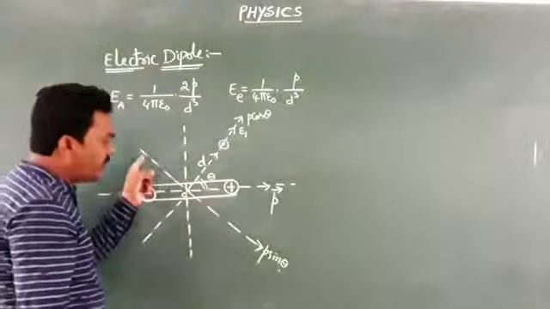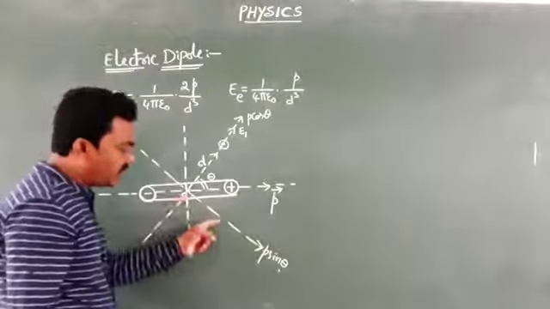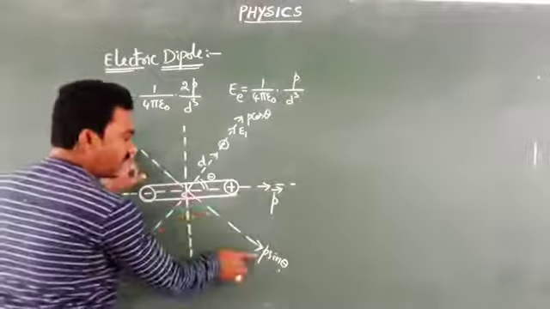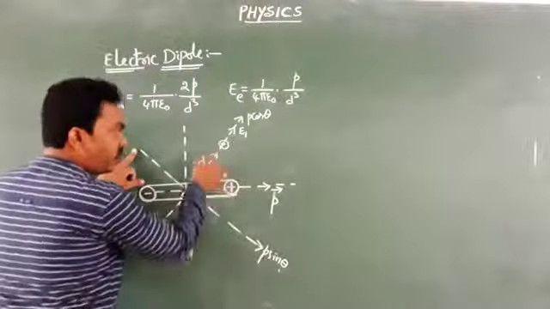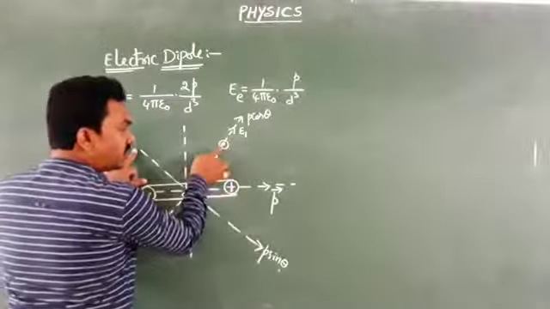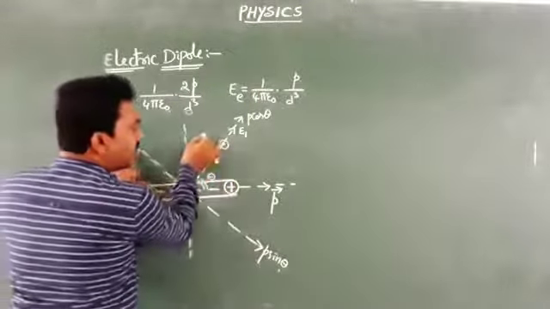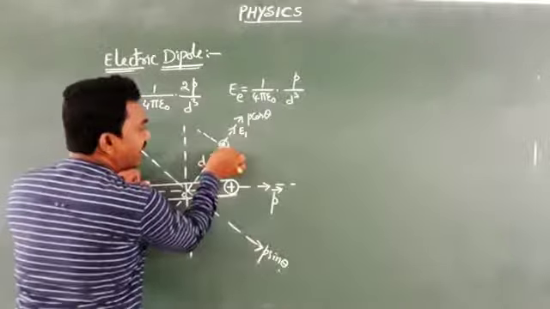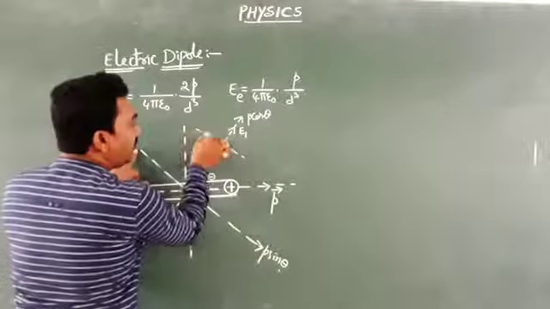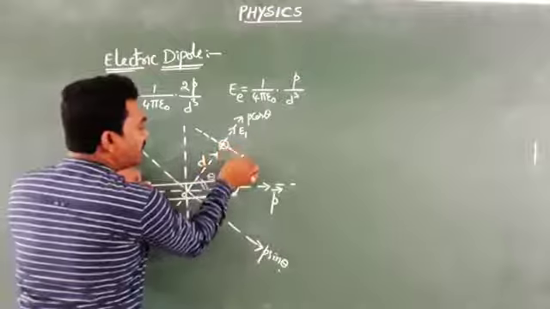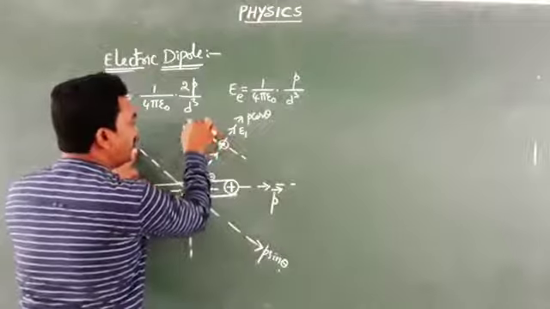And if your point is on the equatorial line, here it is, the dipole of moment p sin theta, this point lies on its equatorial line, then the field intensity at that point will have a direction parallel to the axis but against the dipole moment vector.